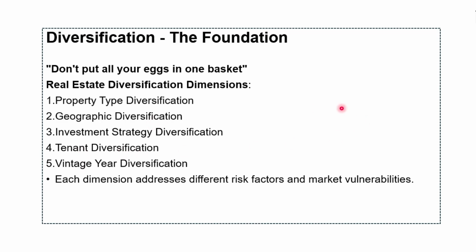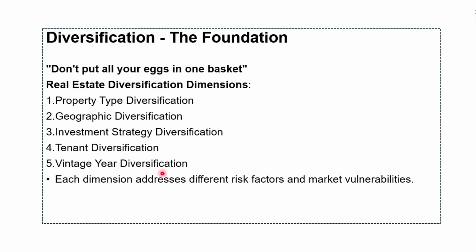Instead of having one single tenant occupying a mall, there should be multiple tenants, or in your office building, multiple tenants from different companies and different industries would be better than from a single industry. For example, depending only on the IT sector, if the IT sector goes into a downturn, then you will face difficulty.